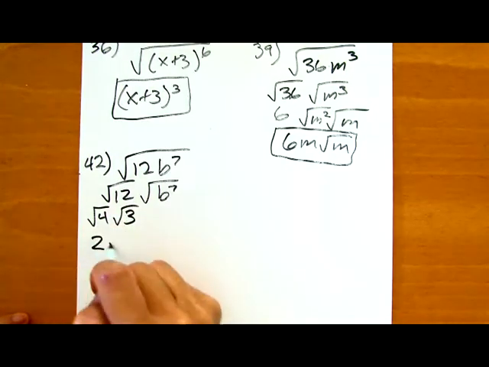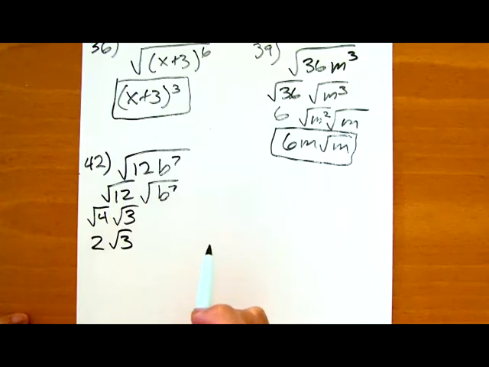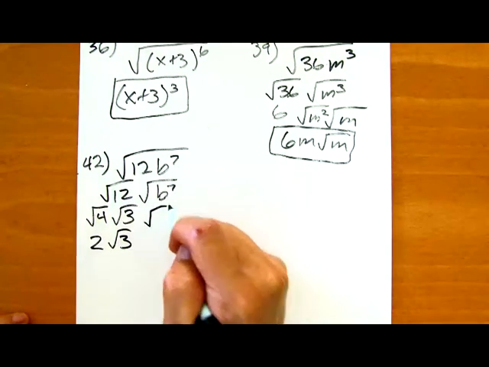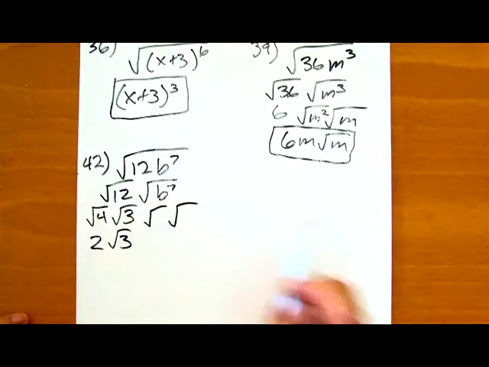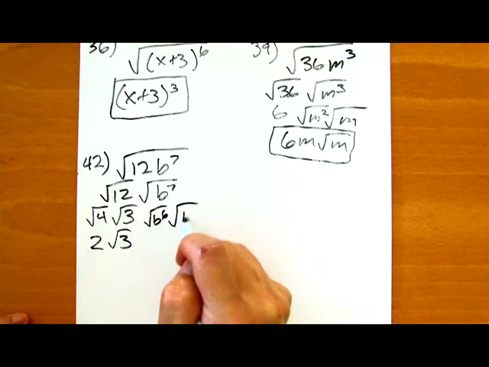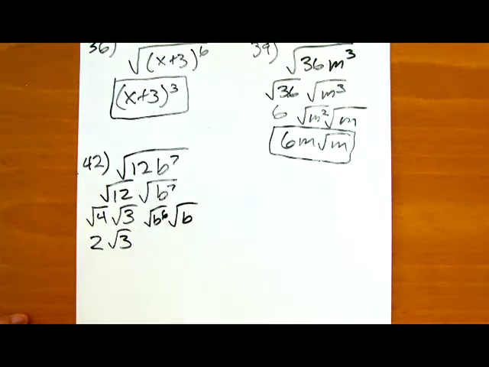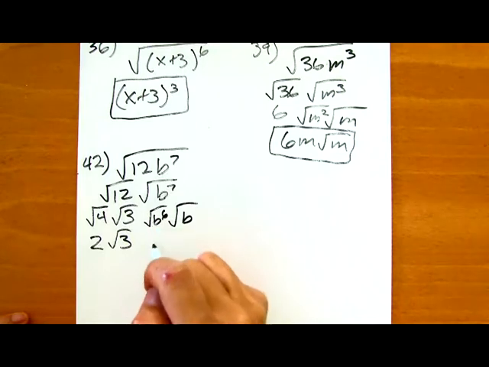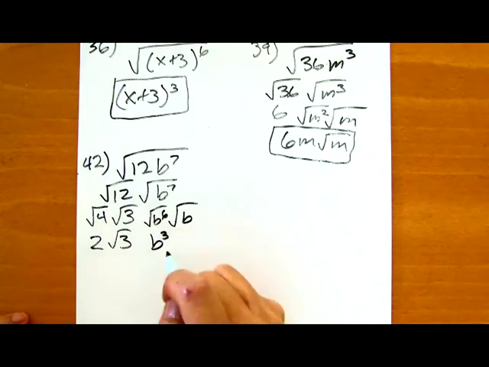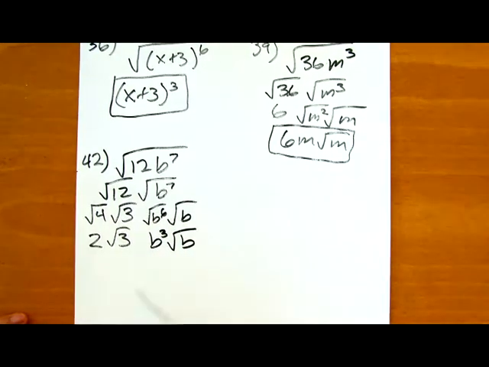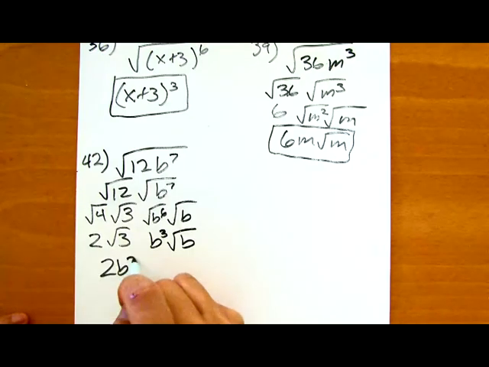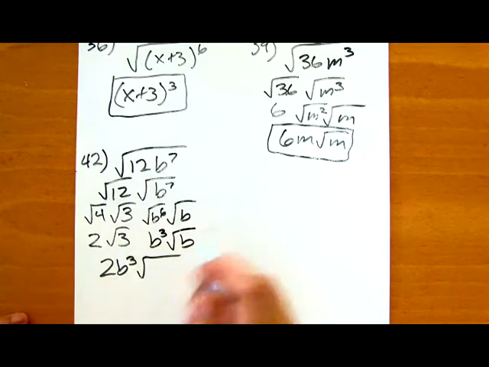That would be 2 radical 3. The b to the 7: b to the 6 and b will give us b to the 7. I can square root b to the 6. B to the 3rd. Okay. This is 2b to the 3rd, and under the radical, we still have 3b.